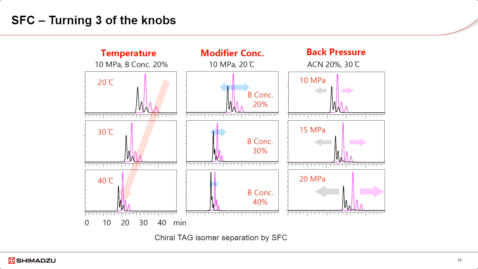And as we increase the back pressure to 20 megapascals, we can see that effect increase. So we are actually inducing earlier elution of our early eluting compounds and later elution of our late eluting compounds. In other words, increased selectivity by increasing our back pressure for these compounds.